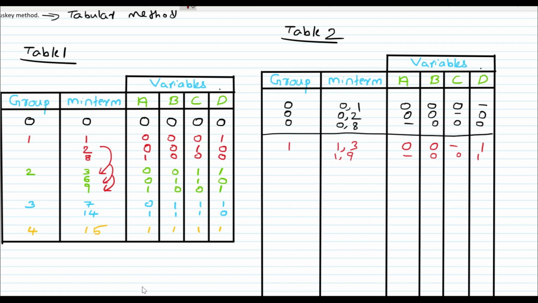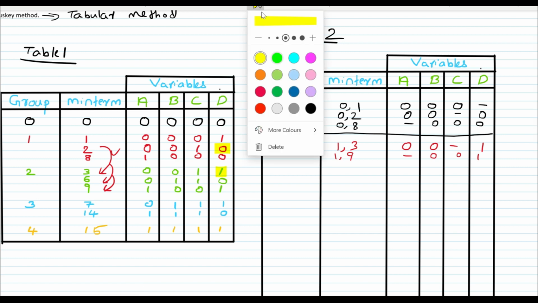First, consider 2 with 3. We can see only D is changing. All other bits remain the same.